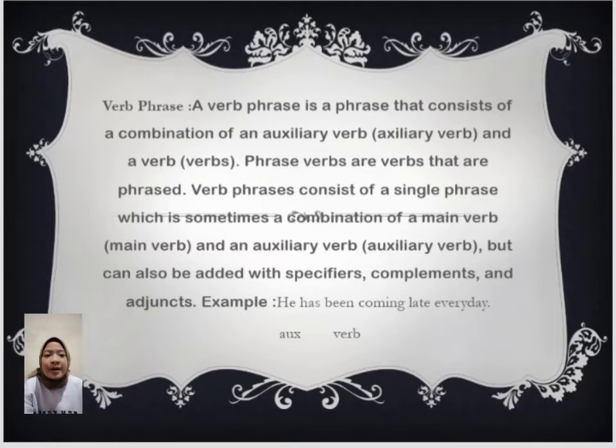Example for verb phrase is: he has been coming late every day. Here, he is the subject and has been coming late every day is the verb phrase.